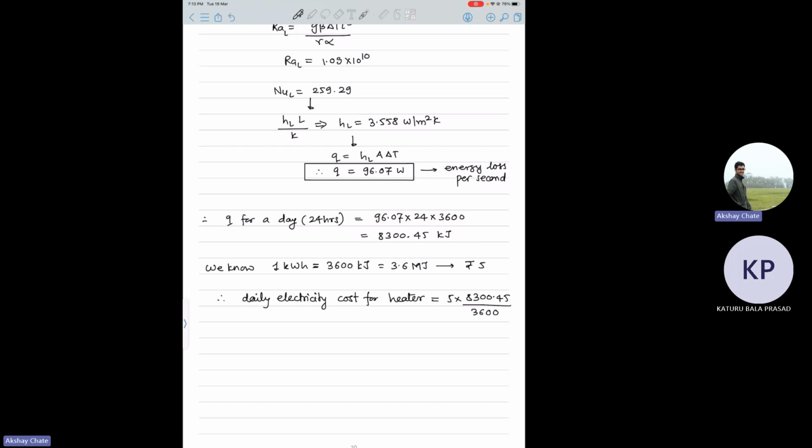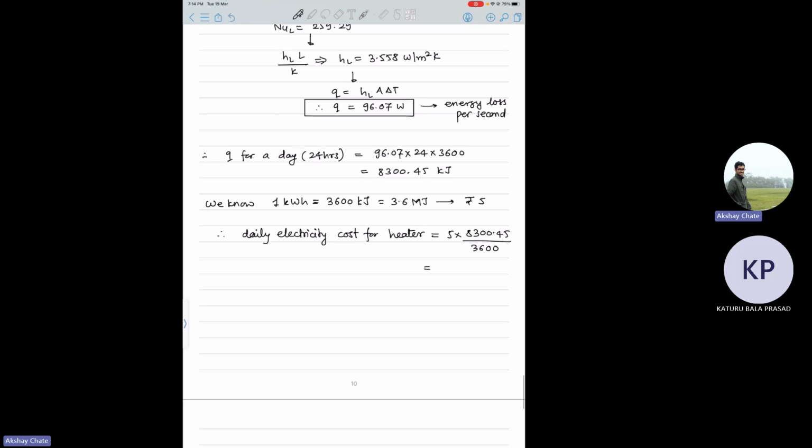So 5 into 8300.45 divided by 3600. So basically 11.53 rupees.